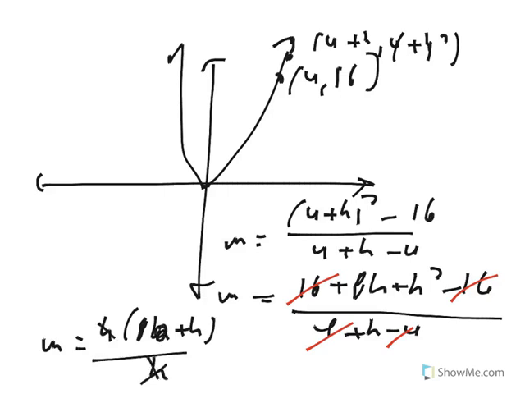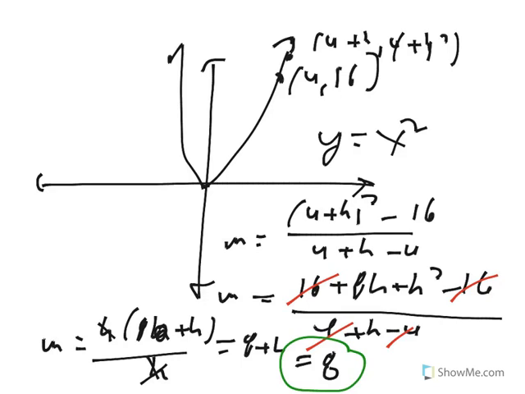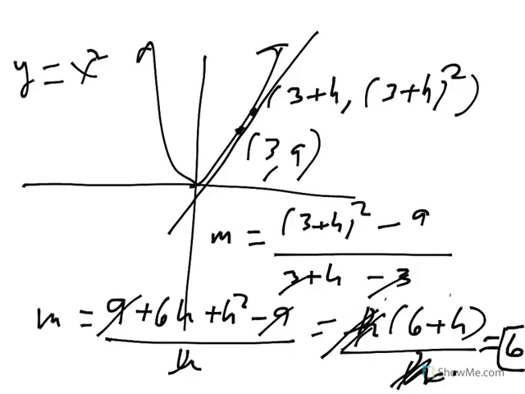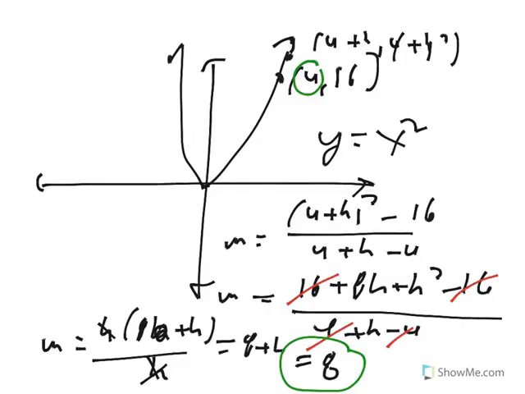Whoops, 8 plus h, to get 8 plus h, which is approximately 8. And what seems to be happening, at least for y equals x squared, it seems like the slope of the tangent line seems to be double the x coordinate. It happened here, 4 became 8, and it happened here. 3 was the x-coordinate, and the answer was 6.